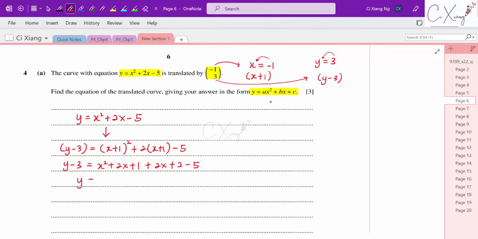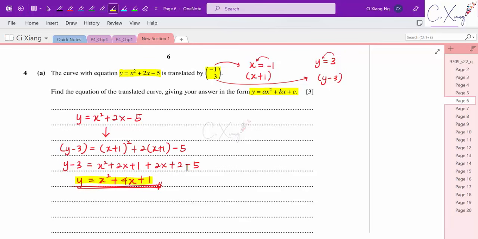And if I try to simplify it further, then I should have x squared plus 4x, and then 1 plus 2 is 3, minus 5 is -2, plus 3 is 1. So I should have y equals x squared plus 4x plus 1. So this is actually the translated curve, after the original curve goes through the translation. This is the translated curve formula or equation.